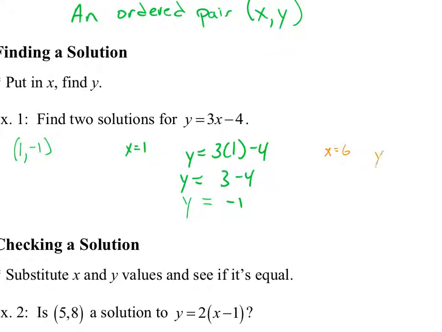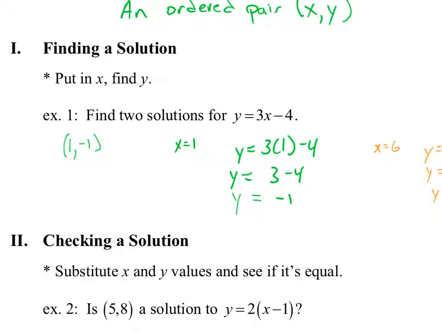So y equals 3 times 6 minus 4. 3 times 6 is 18. 18 minus 4 is 14. So y equals 14. We've got our second solution: when x is 6, y is 14.